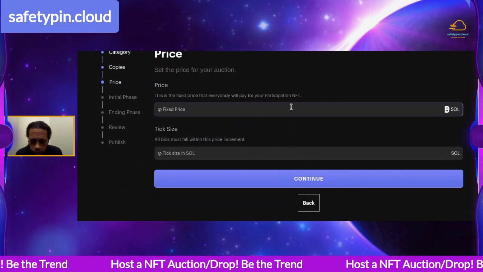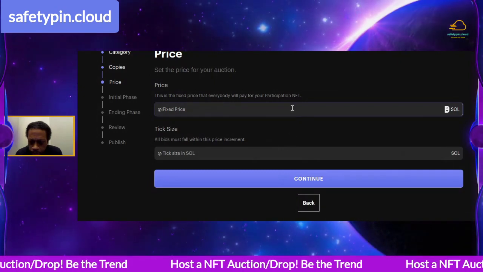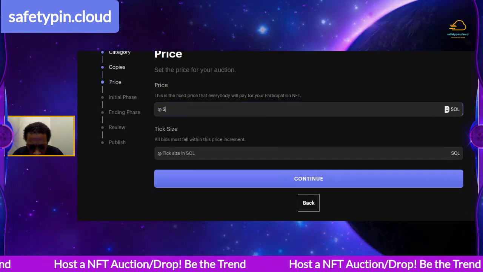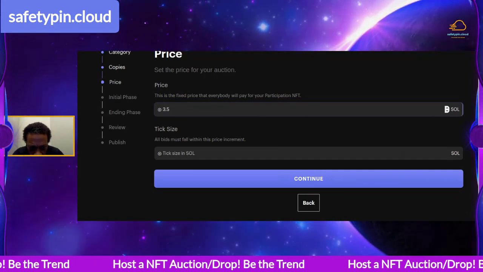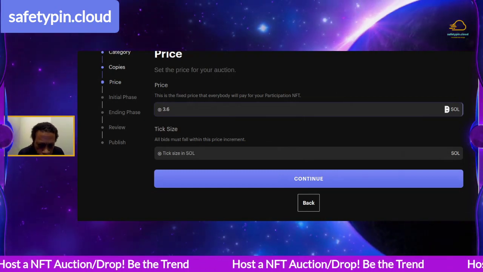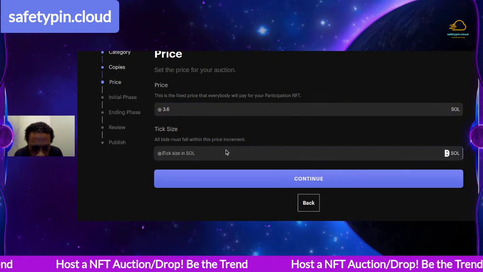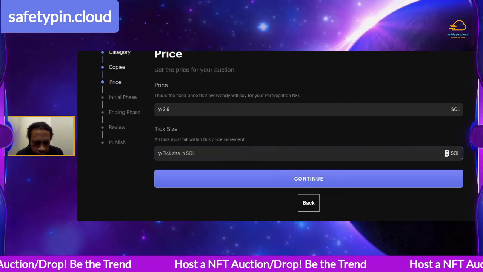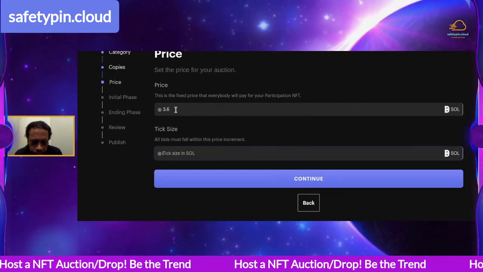And then we're going to look at, we're doing a fixed price here. So how much do I want to sell this for? I'm going to go 3.5 SOL, or 3.6 SOL. And then the tick size, this is the fixed price.